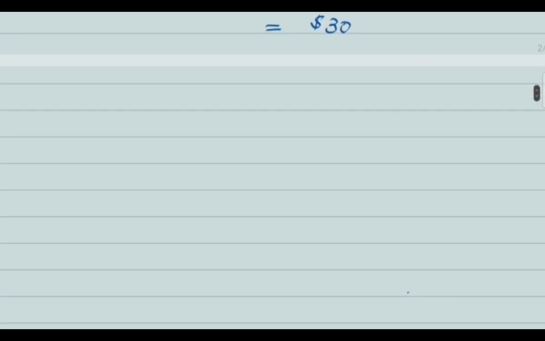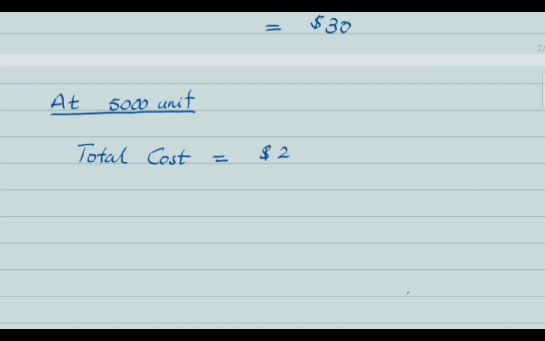Now you have to calculate the fixed cost. If you are choosing your lower activity level to calculate the fixed cost, then you need to consider what is the total cost at the 5,000 activity level. Total cost is given in the question as 2,50,000.